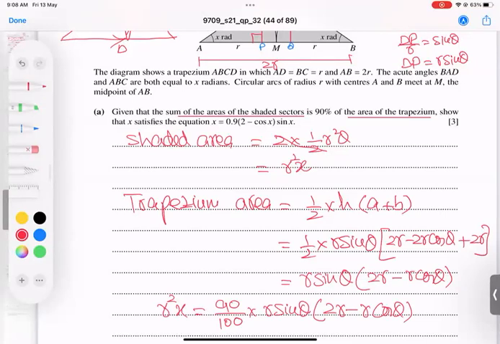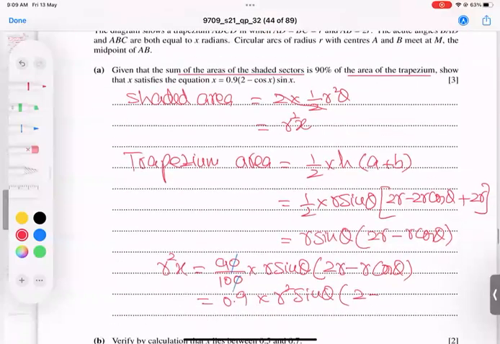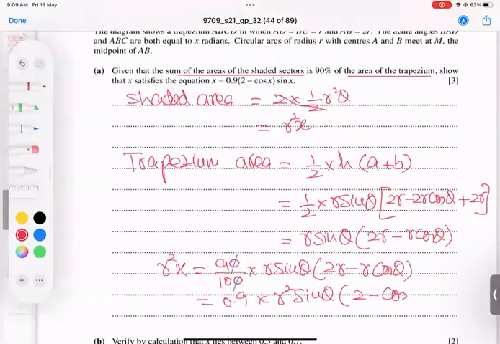Yes, clear. The zeros cancel out and I get 0.9 here. And r common out, it becomes r squared sine theta, and in the bracket I get 2 minus cos theta. Not theta, it is x actually, and I have to change every theta to x.